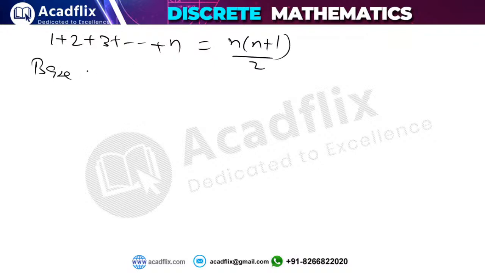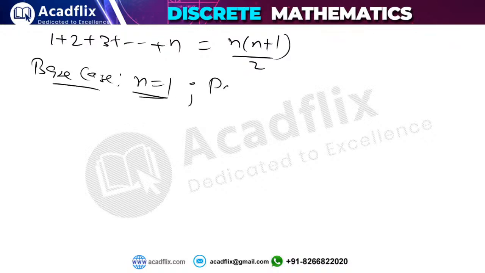So 1 plus 2 plus 3 and so on plus n. This is your formula. Let's try to prove that this is equal to this. Again the same thing, very easy. Take the base case, the very basic case: n equal to 1.